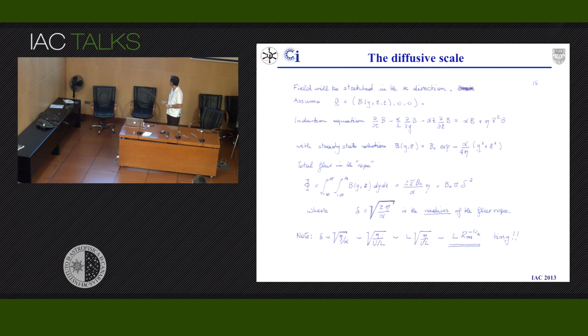It's only Holder differentiable. And so if your advecting velocity is not smooth, it's not a nice axisymmetric stagnation point flow, it's a mess, a turbulent velocity, then this exponent is different. It will be bigger.